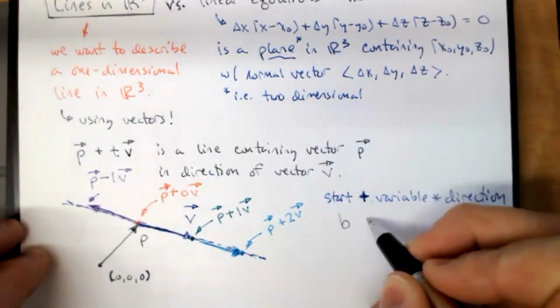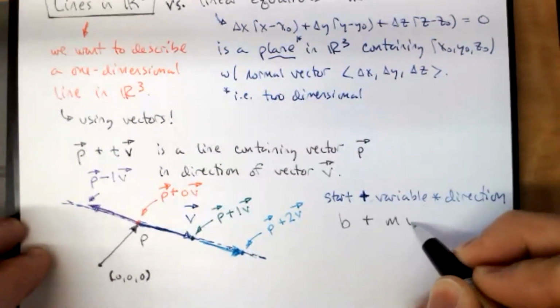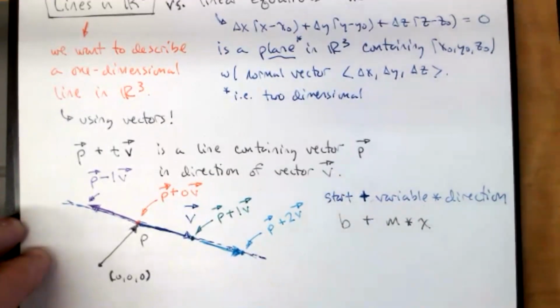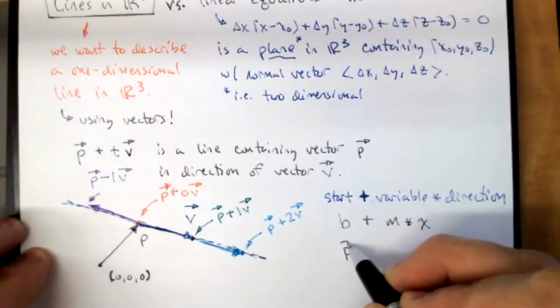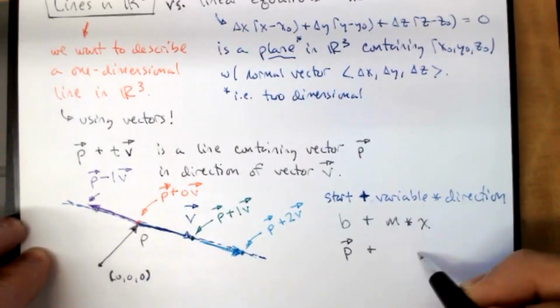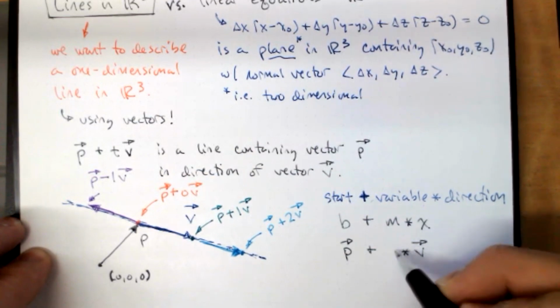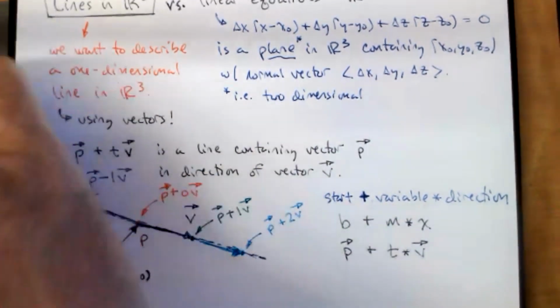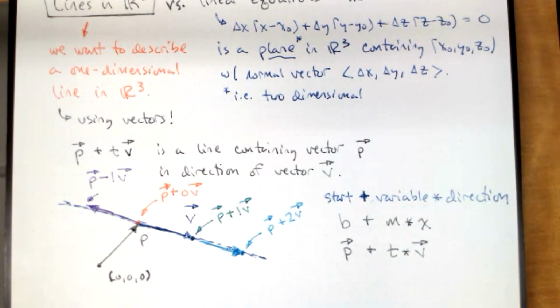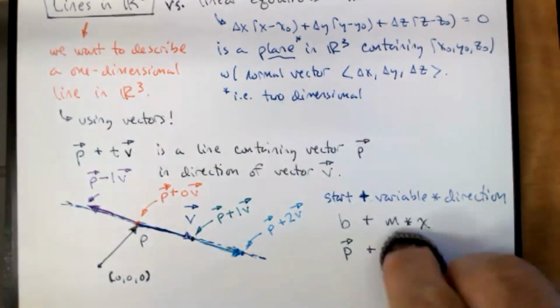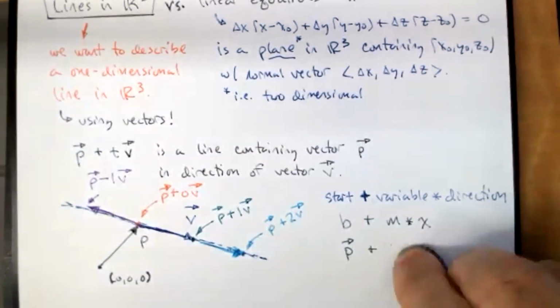Start at b and add m a bunch of times. Start at the vector P and add the vector V a bunch of times. Make it fit the format that I made up before.